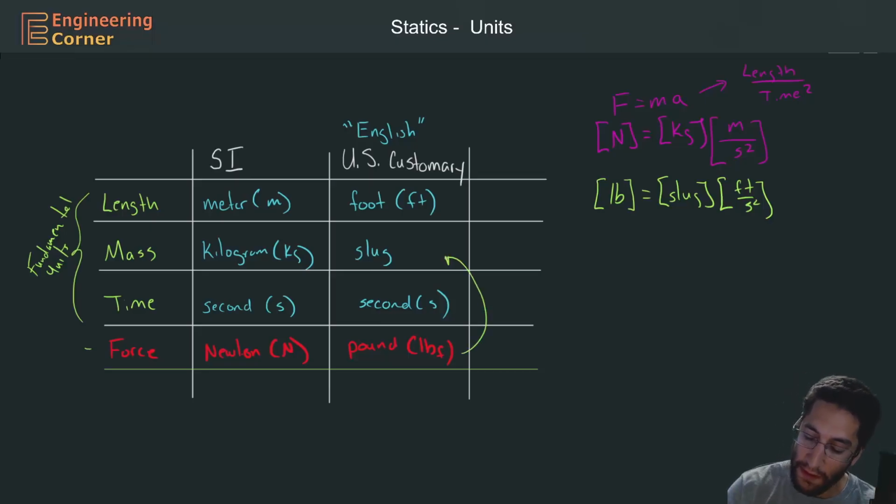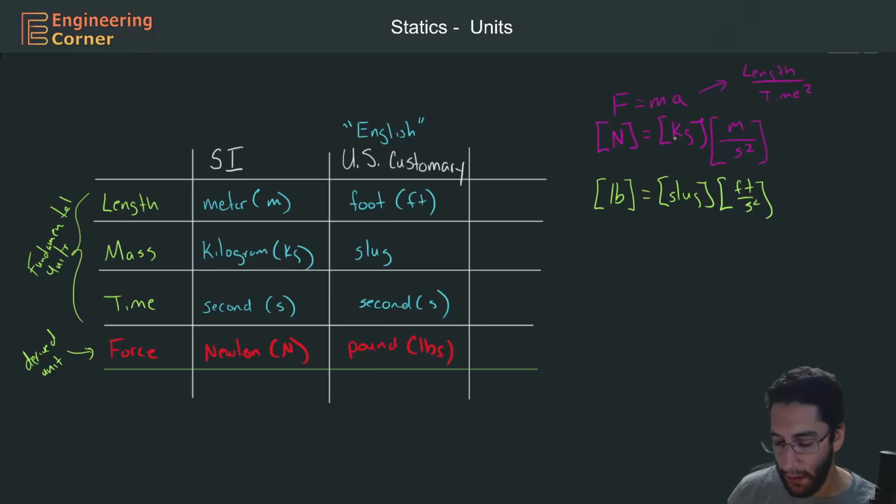Everyone seems to want to use pounds as a unit of mass, and you just can't do that. Now, anything that's not a fundamental unit is a derived unit. And you can see with this little example, this Newton is derived from our fundamental units.